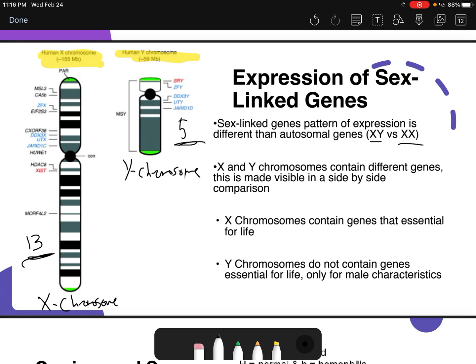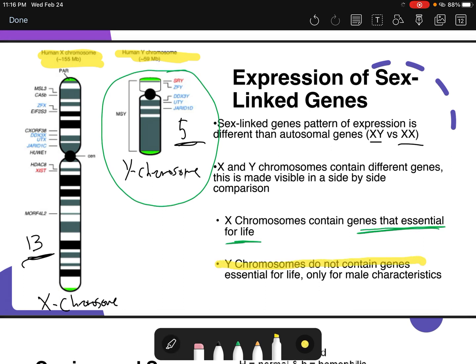That is what I really want you guys to take away from this image. The reason why males can't use the Y chromosome as a source of replacing their X chromosome is because the X chromosome contains genes that are essential to life, and the Y chromosome does not.